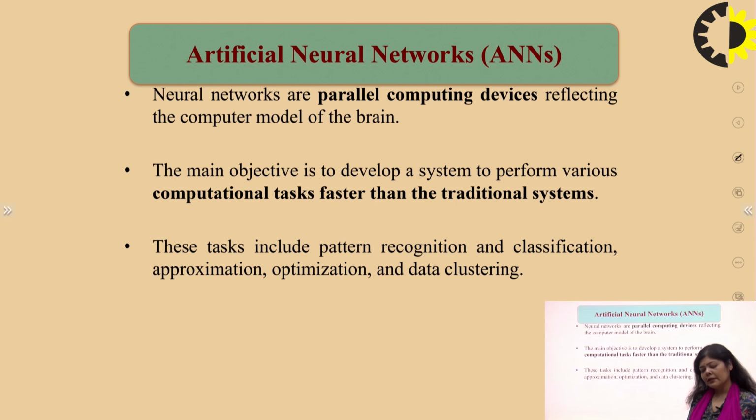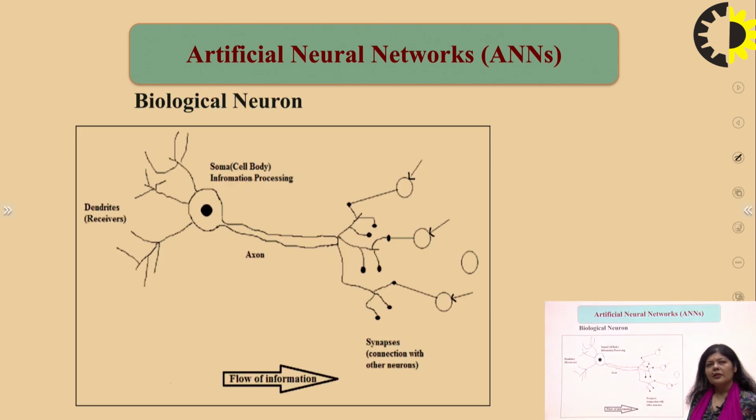So whether it is to classify the data into certain classes or categories, or for example approximation, finding out certain approximation to some problem, then optimizing, finding out the minimum or the maximum value for certain domains. So all of this can be done with the help of these architectures.